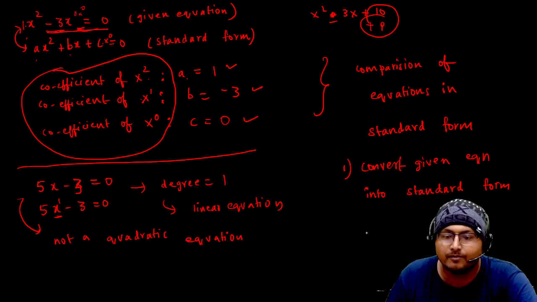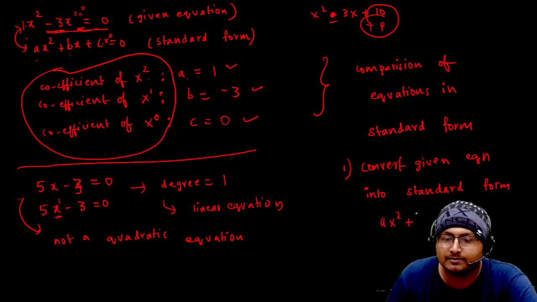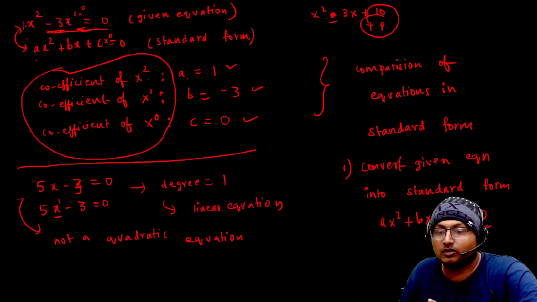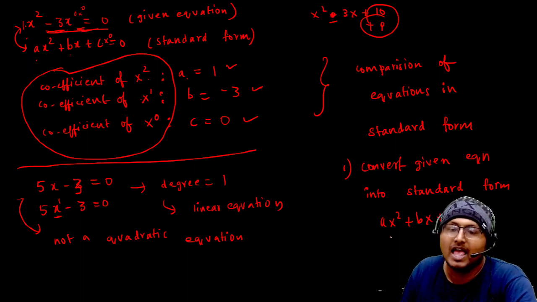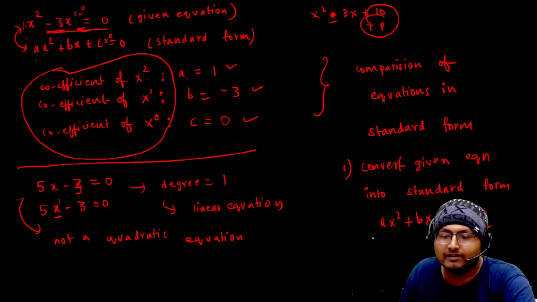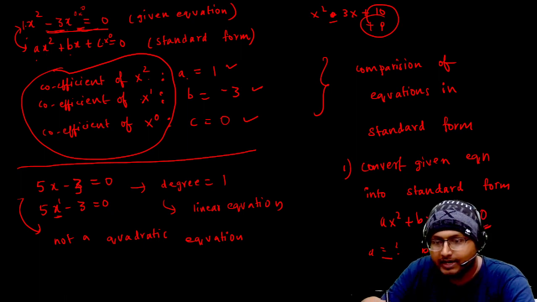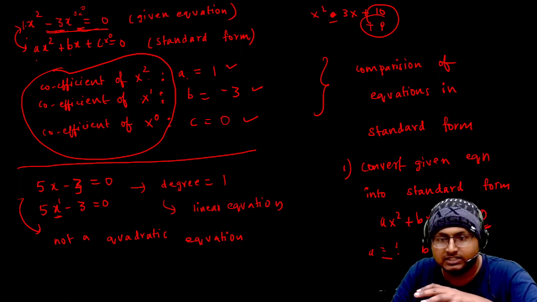What is the standard form? ax square plus bx plus c on one side, and the other side equal to 0. In that form you compare both equations to get the values: a equal to how much, b is the coefficient of x, and c you have to tell by comparison. So that is the step.